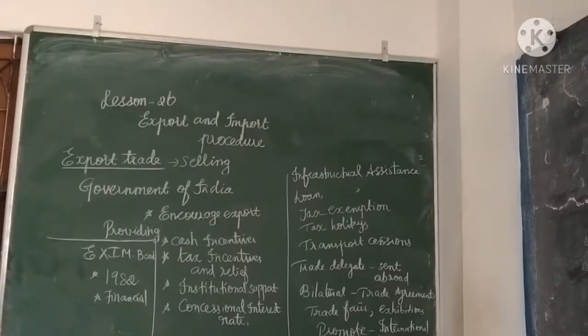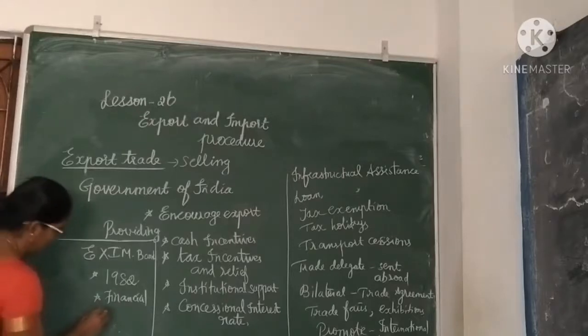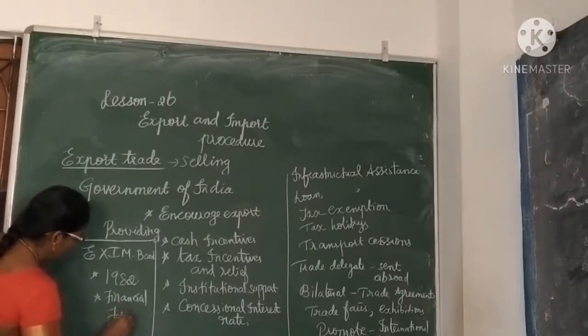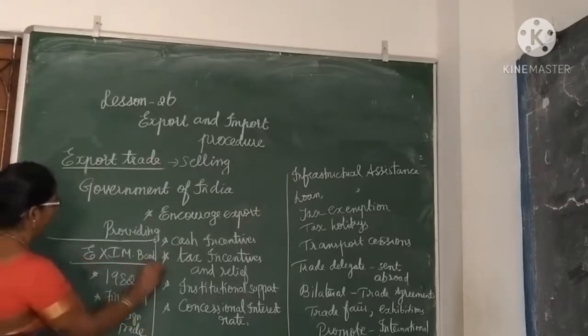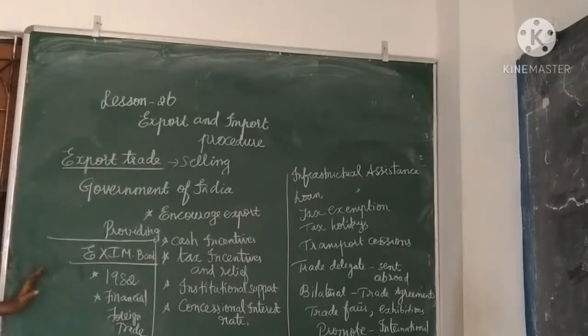It facilitates the financing of foreign trade. So exclusively for import and export business, this bank does only import and export business activities. Let us know about the main functions of this Exim Bank.